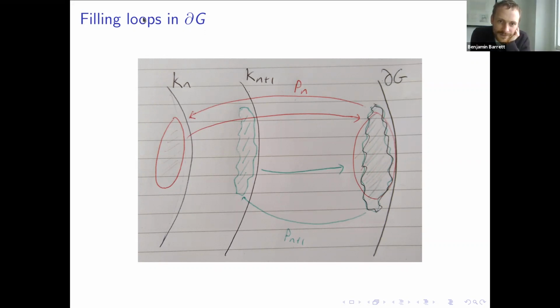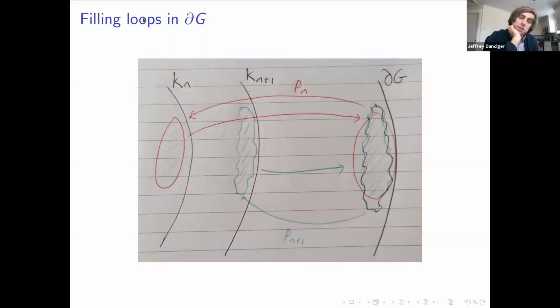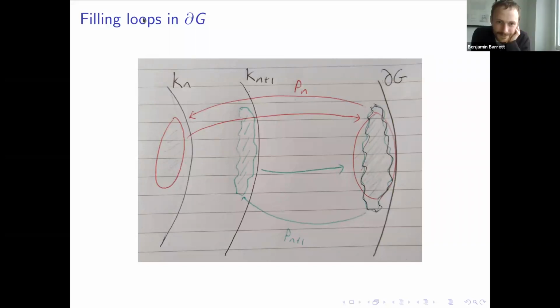So the strategy is: start off with a loop in the boundary, project it down to Kn, fill the loop there, and project the filling back out to the boundary. Then you've got a filling of a loop that is quite close to your original loop. By doing a bit of analysis, you can control things so that, taking the thing as n tends to infinity, you get a filling of your original loop.